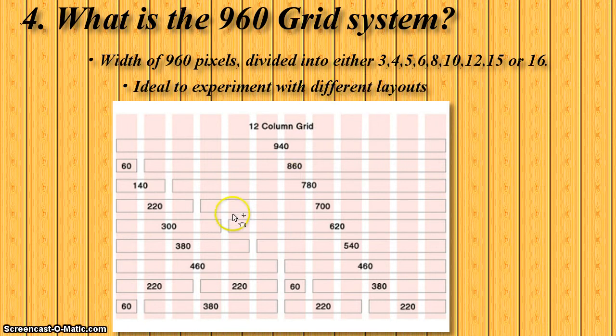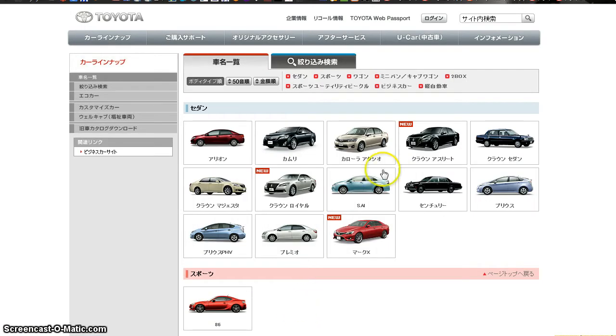But I would like to share the examples of the web pages that I really think are Modernist Layout. The first one is a Japanese website of Toyota.